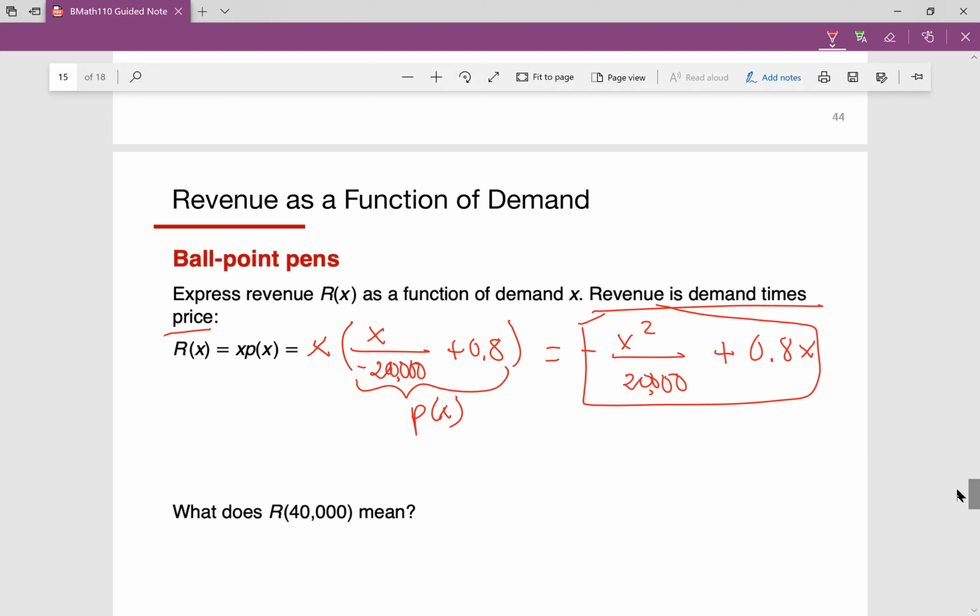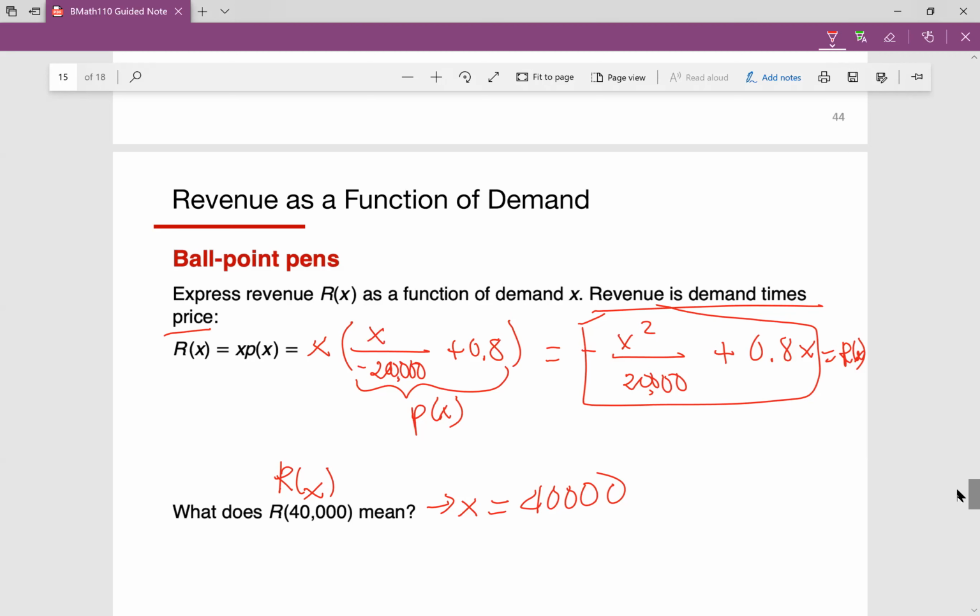One more question: what does R of 40,000 mean? Now they're giving you R of 40,000, so that means you have the input equal to 40,000.